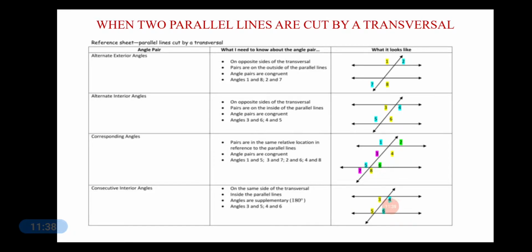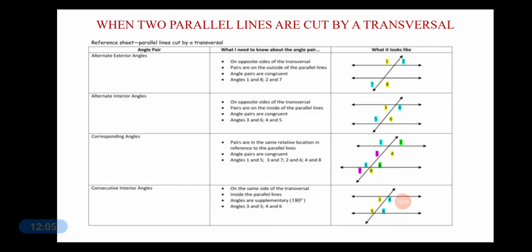Now, there are 4 interior angles which are formed over here, that is angles 3, 4, 5 and 6. If we take the consecutive interior angles or the co-interior angles, that is angles 4 and 6, so 4 and 6 are co-interior angles, whereas 3 and 5 are also co-interior angles.